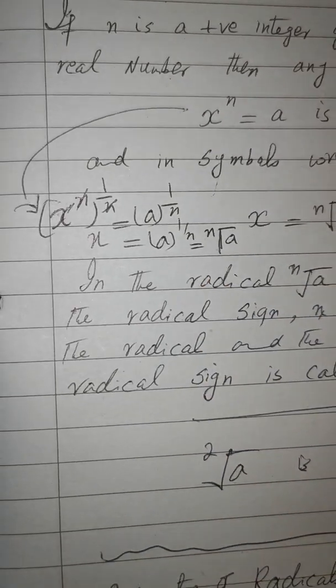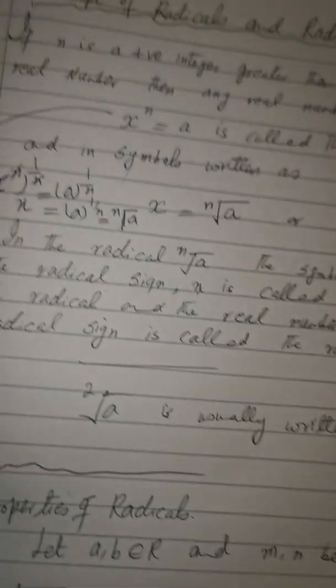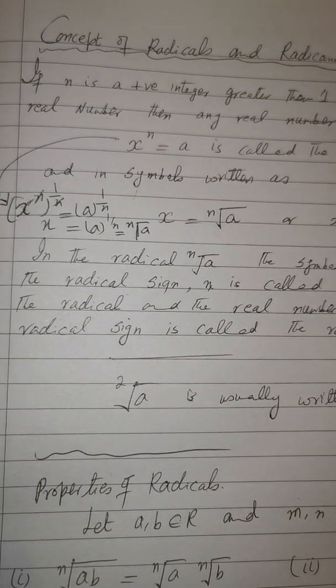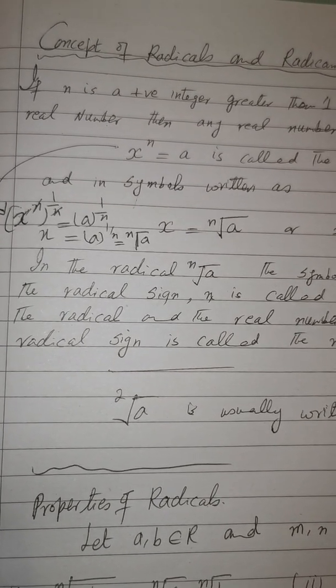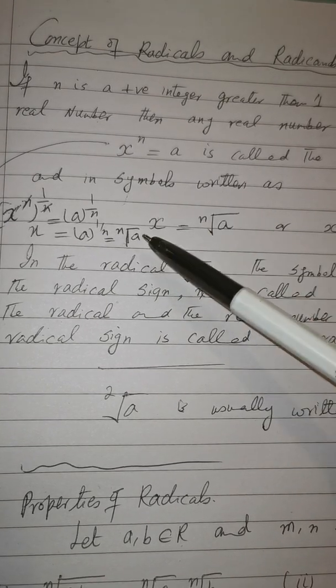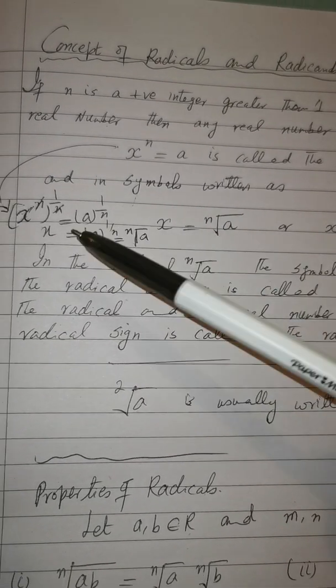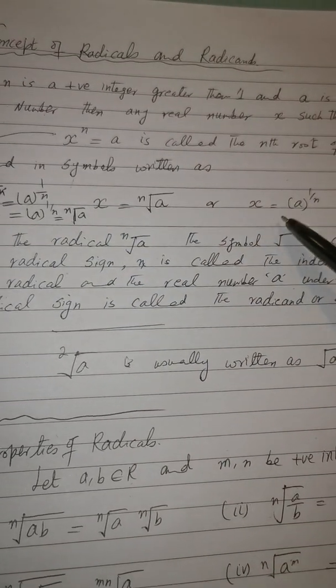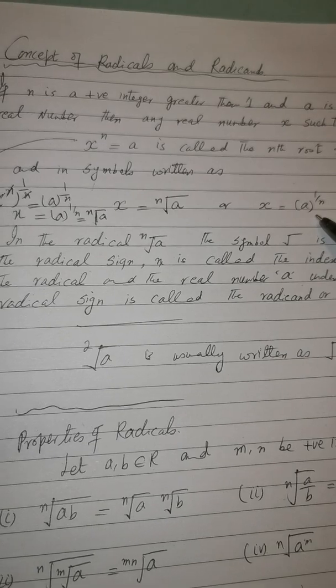You can write it like that. So the main procedure is like that. So x power n is equal to a. Symbolically it is written as x is equal to a under root n. I showed you how it is coming, or x is equal to a power 1 over n.